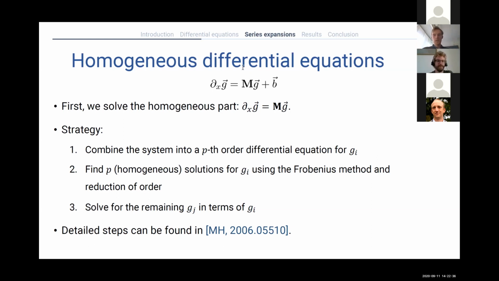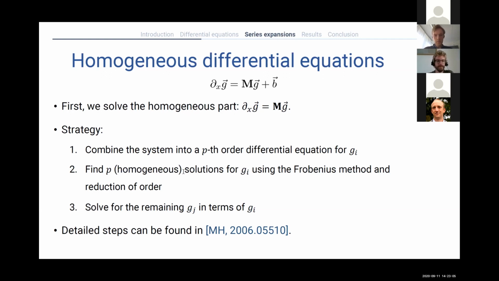And then usually you write the full solution using something like variation of parameters. For the homogeneous part, one way to solve this is to take the system and first combine it into a higher order equation for one of the integrals. Here I wrote down a p-th order equation, assuming that the number of integrals in G is given by p.